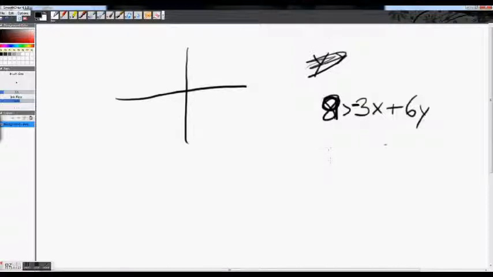Let's subtract 3x from both sides. 9 minus 3x is greater than 6y. Divide every term by 6. What we have is y is less than 9 over 6, which will be 3/2, minus x over 2.